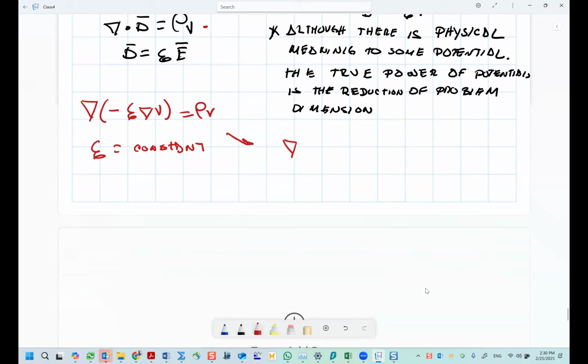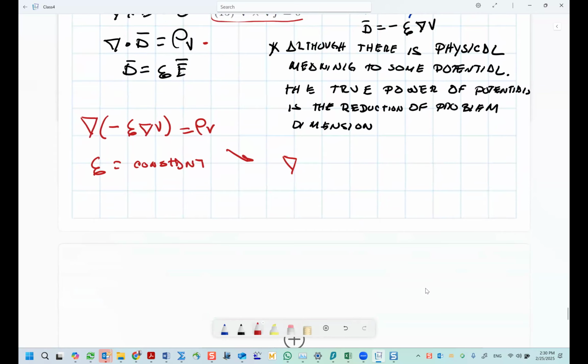The divergence of the gradient of V will be equal to minus rho V by epsilon.